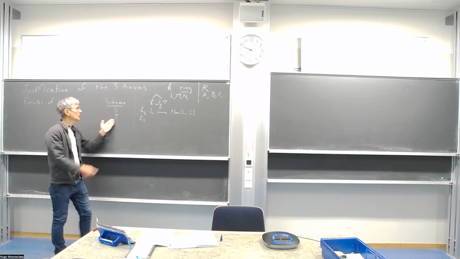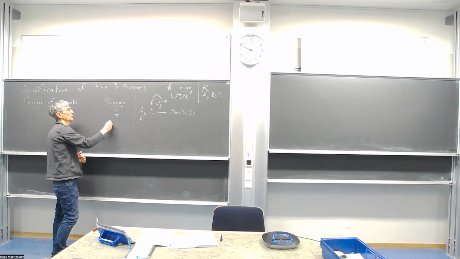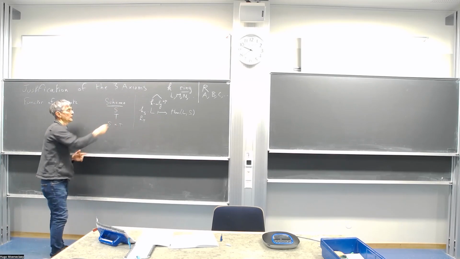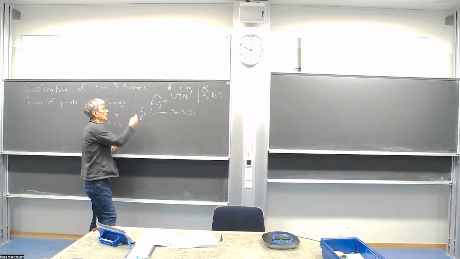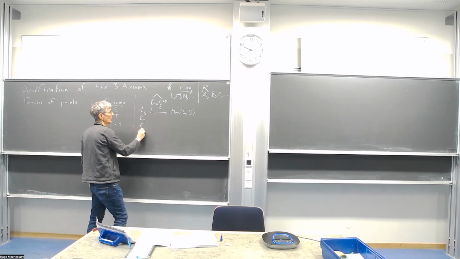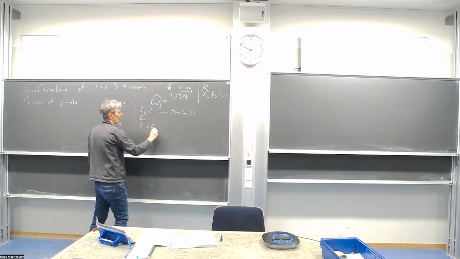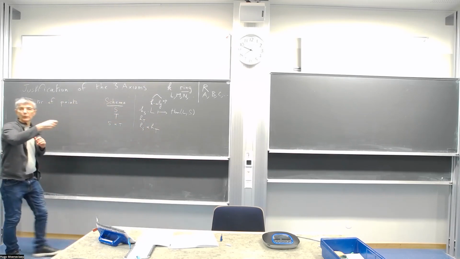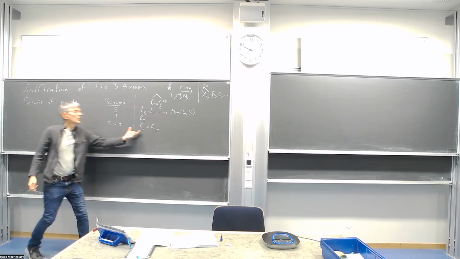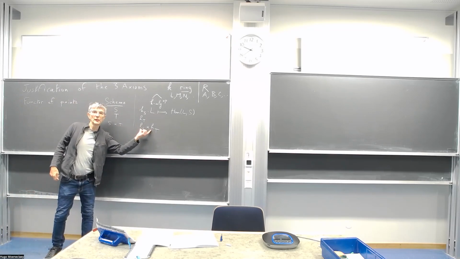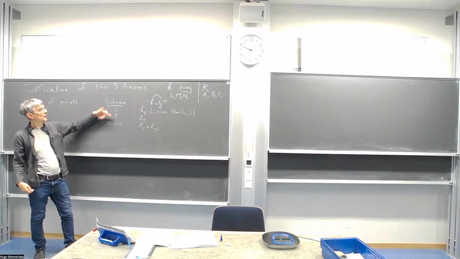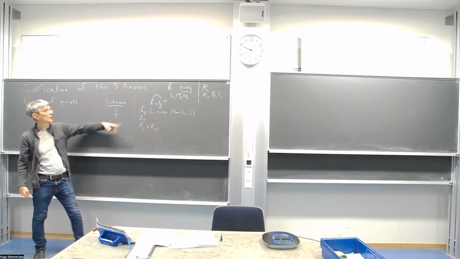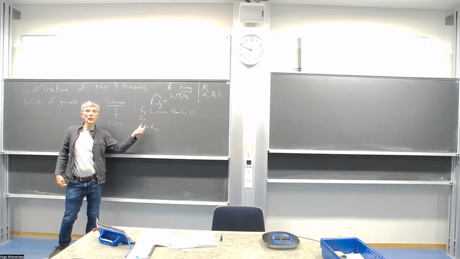There is a notion of product of schemes, which is not so easy to define, but here it's simply the product of the two presheaves. And the same for what is a map between S and T. That's a complicated notion. Here it's simply a natural transformation.